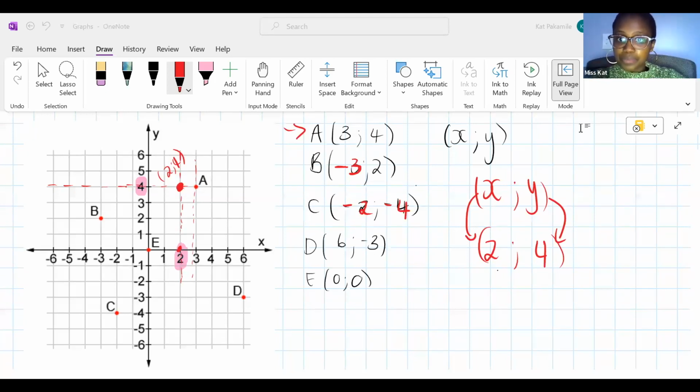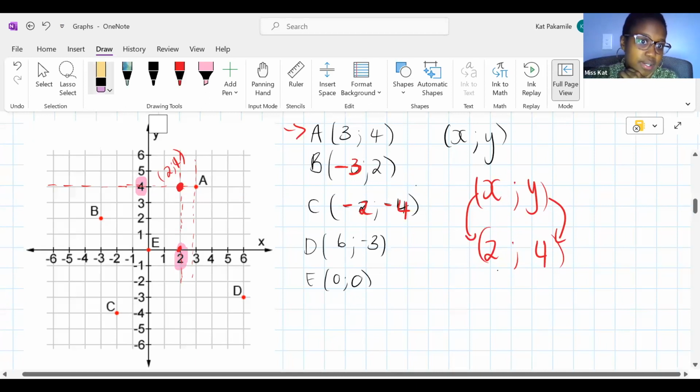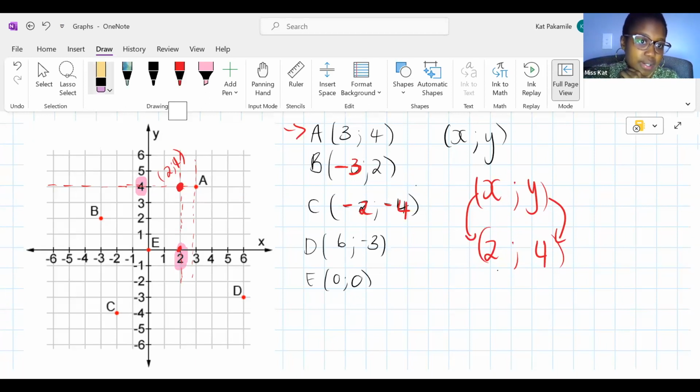Moleboheng, what is your question? Ma'am, I don't understand where you get 0 and 0 and number E. Okay, there's number E over there. What's the number there? 1. In the middle.